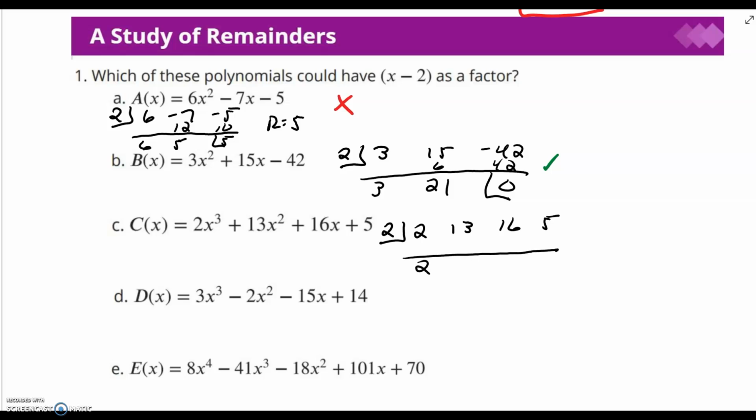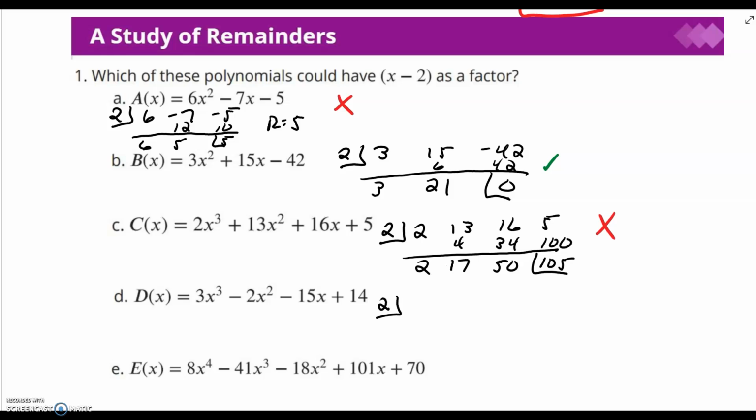Drop the 2 down. 2 times 2 is 4. 13 plus 4 is 17. 2 times 17 is 34. 16 plus 34 is 50. 2 times 50 is 100. 100 plus 5 is 105. My remainder is not 0. Therefore, x minus 2 is not a factor of that polynomial.